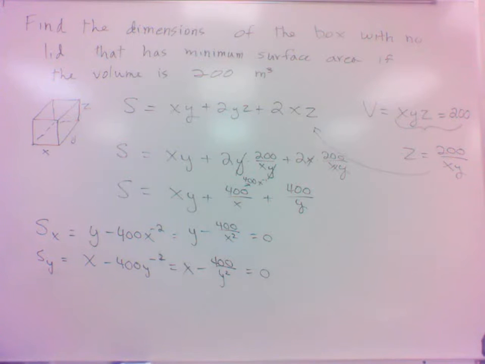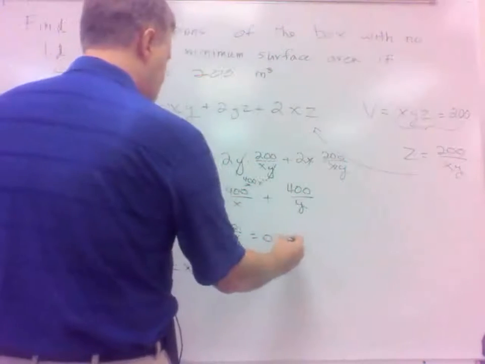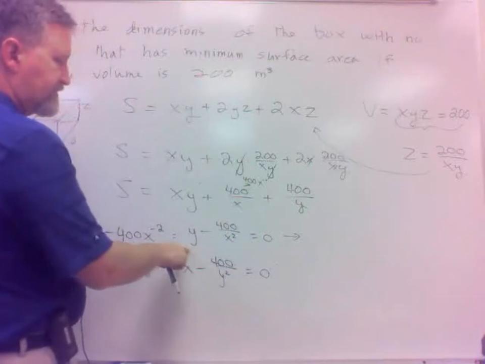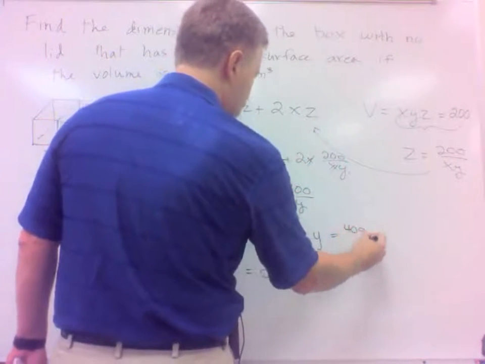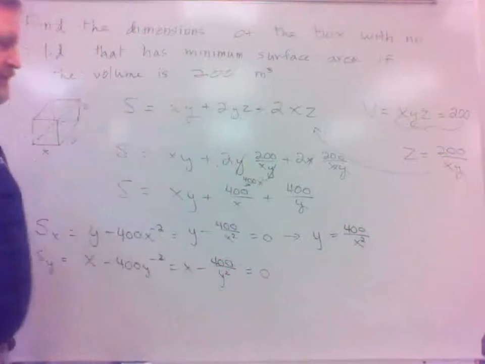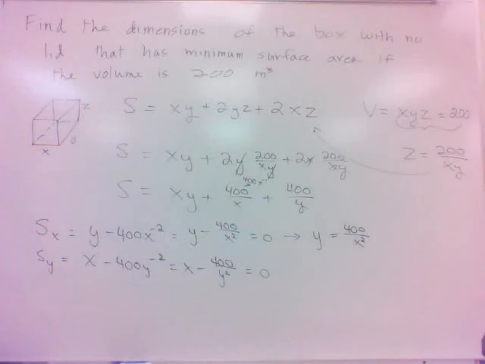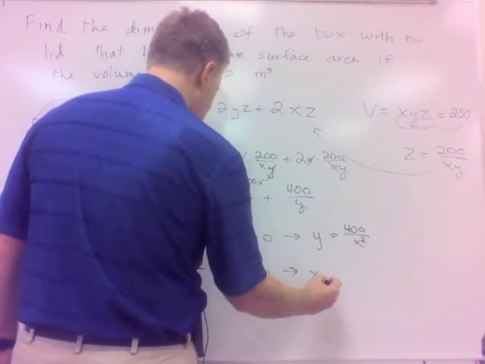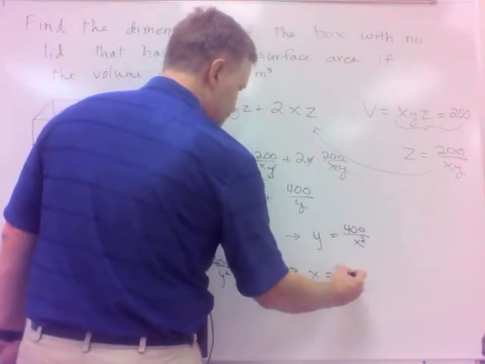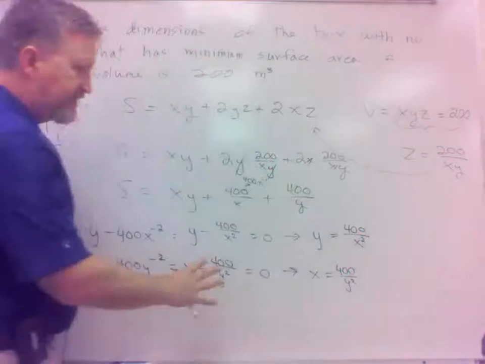So there are different ways of solving it, but let's just solve this one for y. We have y equals 400 over x squared, which we can substitute back into this one, x equals 400 over y squared.